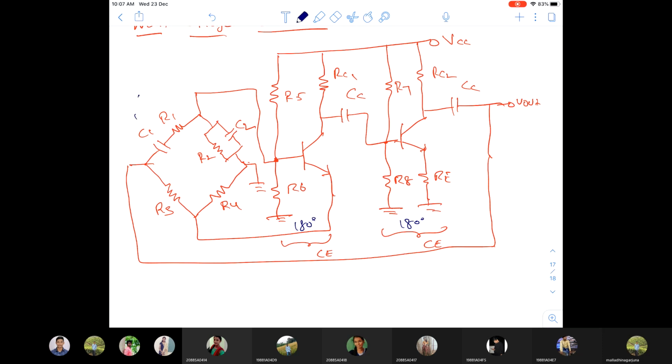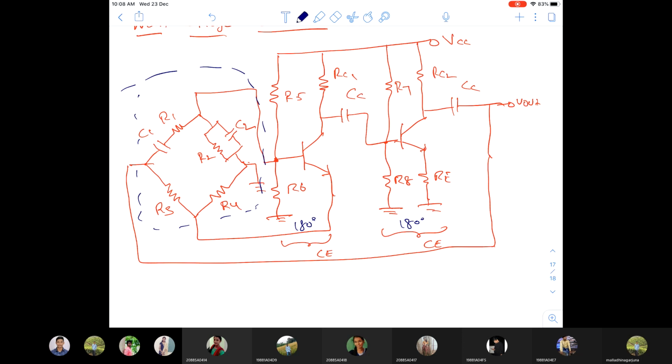This is the tank circuit and feedback path. It need not generate any phase angle, because the two CE amplifiers already make the phase angle 0 at 360 degrees. So we need not expect any phase angle from the tank circuit or feedback network. Then what is the use of the two CE amplifiers here?